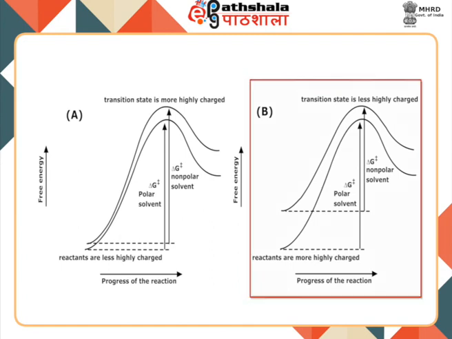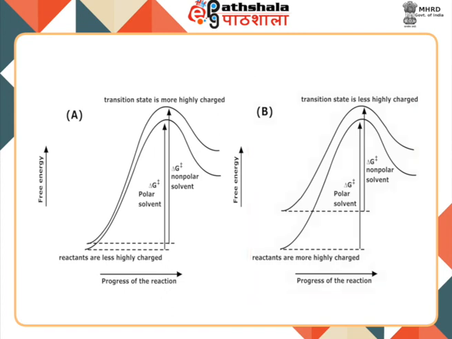A represents the reaction coordinate diagram for a reaction in which the charge on the transition state is greater than the charge on the reactants, whereas B represents the reaction coordinate diagram for a reaction in which the charge on the reactants is greater than the charge on the transition state.